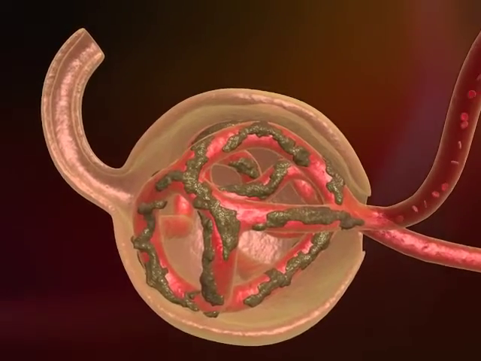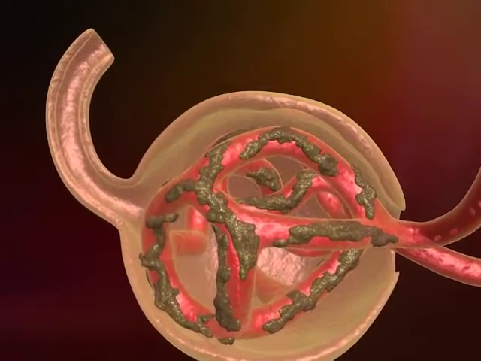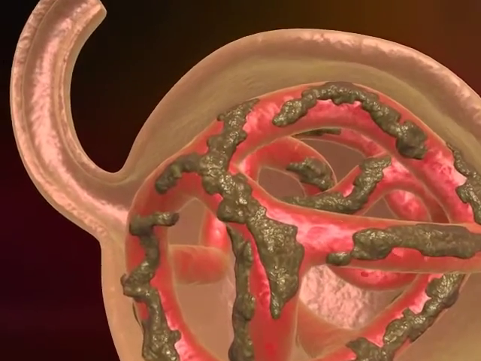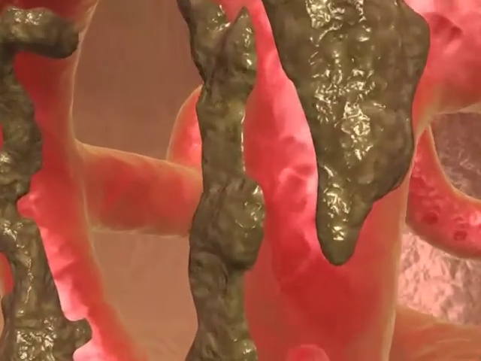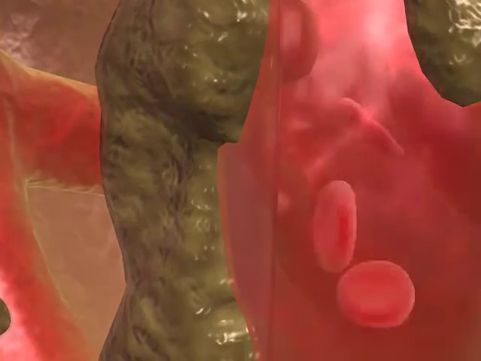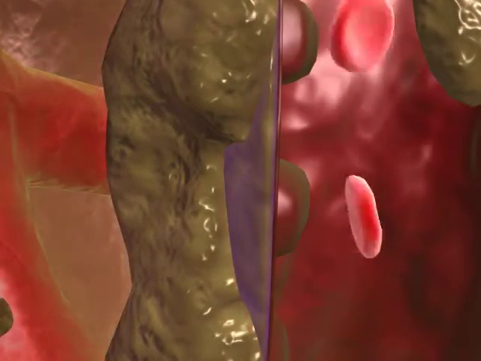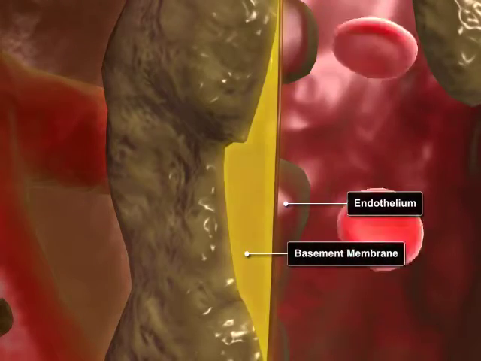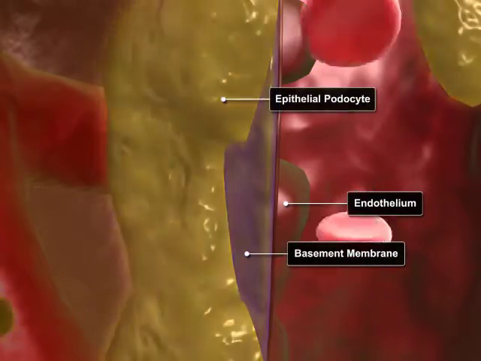Plasma-like fluid is filtered from the capillary blood into Bowman's space through the glomerular filtration membrane. The glomerular filtration membrane consists of 3 layers of capillary walls: the endothelium, the basement membrane, and the epithelial podocytes.